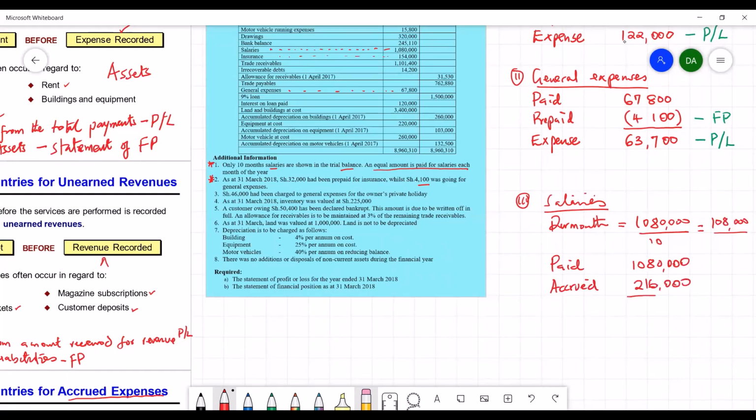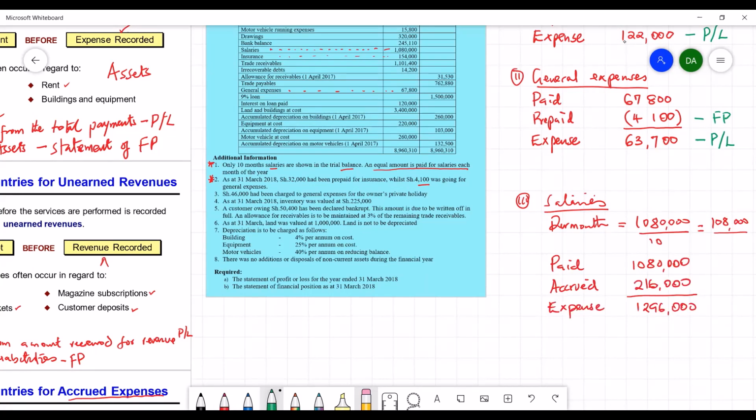So we need to add the two so that we're going to get a total of 1,296,000. 1,296,000 is the expense which should be recorded in the statement of profit or loss.